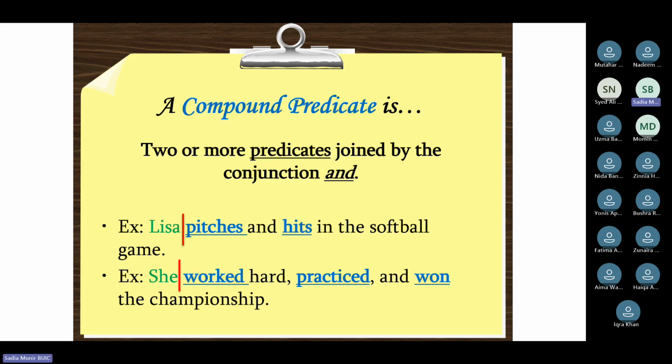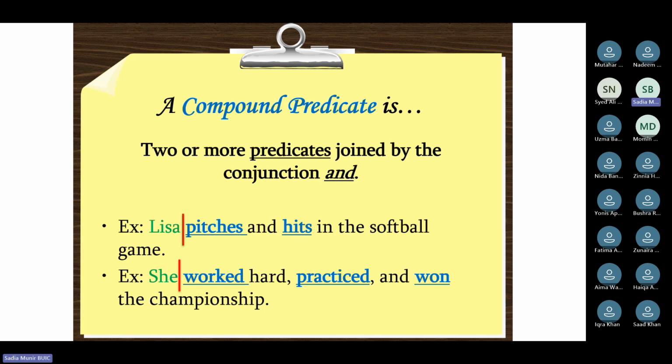We sit and talk. The boys laughed and played in the park. Good. Huren cooked the dinner and cleaned the house.